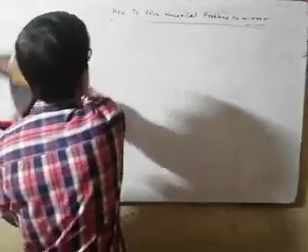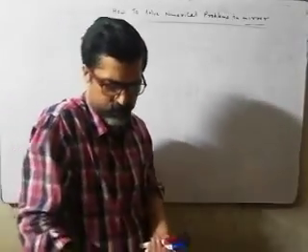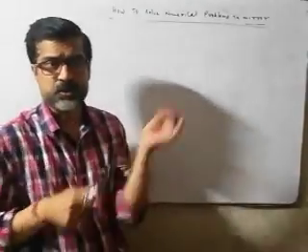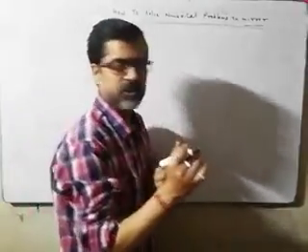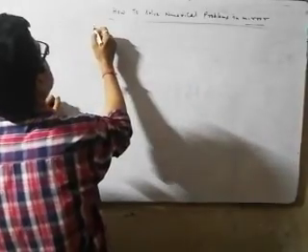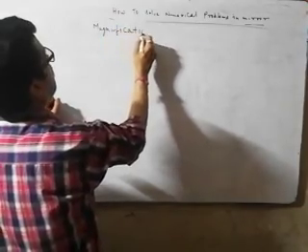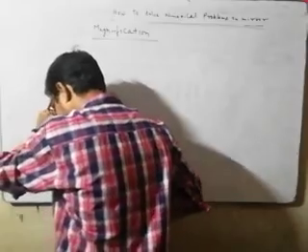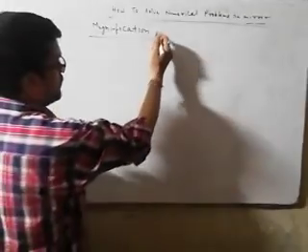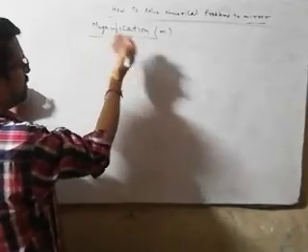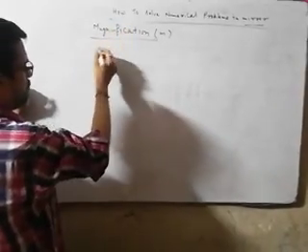So magnification actually is a general term that is used for any optical instrument. Its symbol is small m, sometimes capital M also. What does it mean?